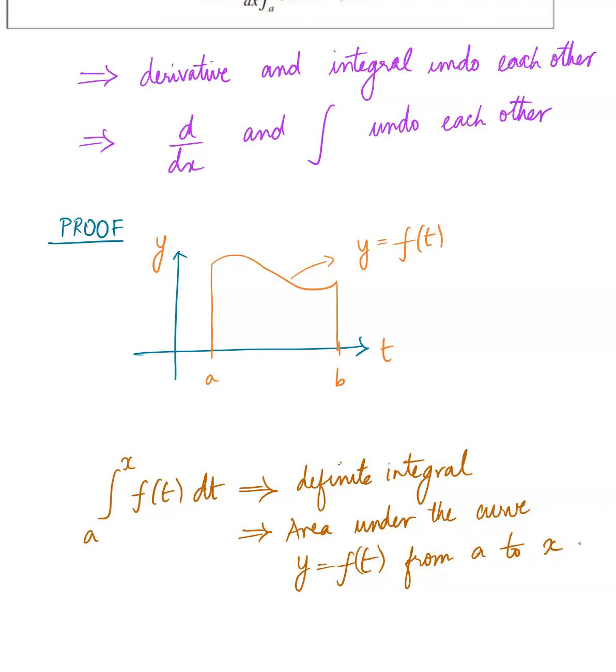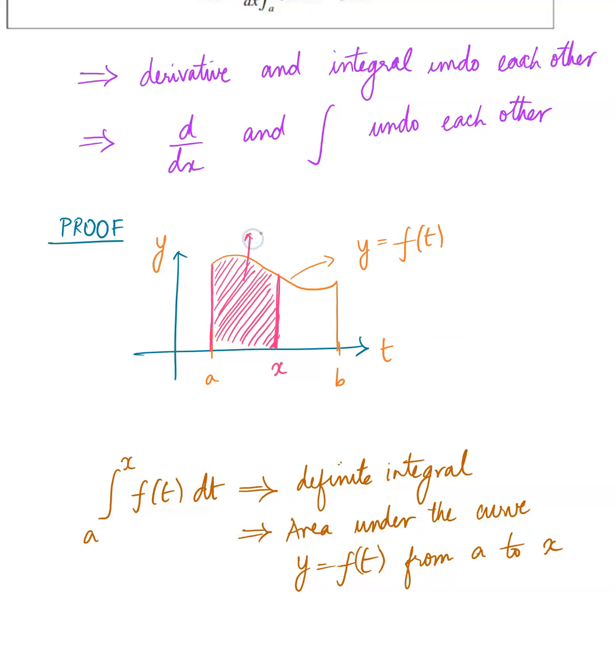That's what this means. Therefore, when I come back to my graph, I start at a, and x is somewhere in between, not exactly in the middle, but somewhere before b, because the whole focus is between a and b. And so this is the area under the curve, isn't it?